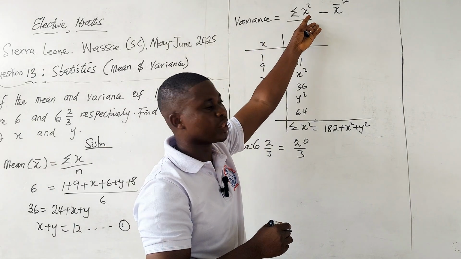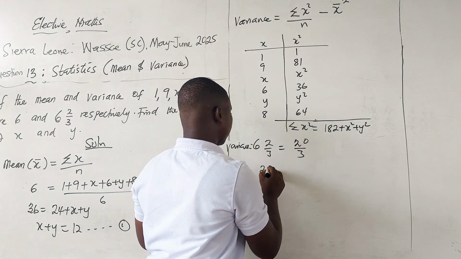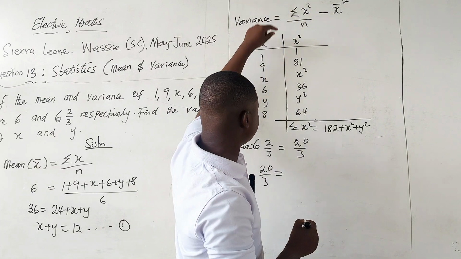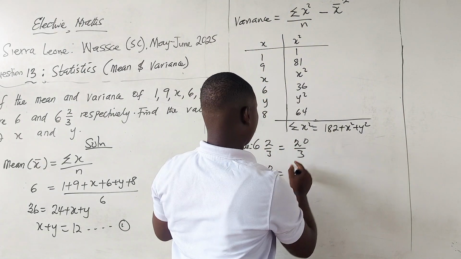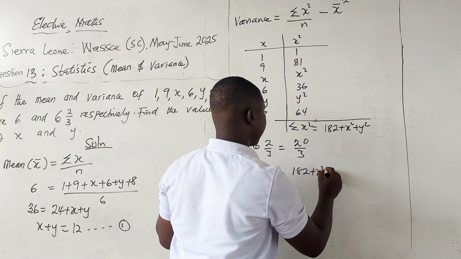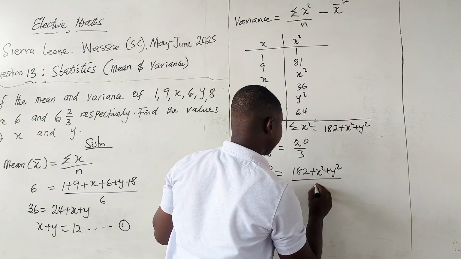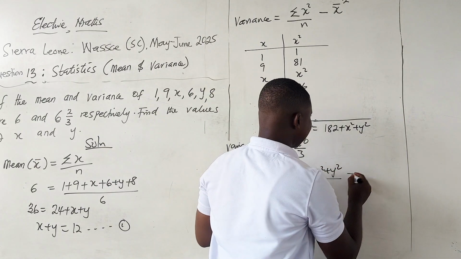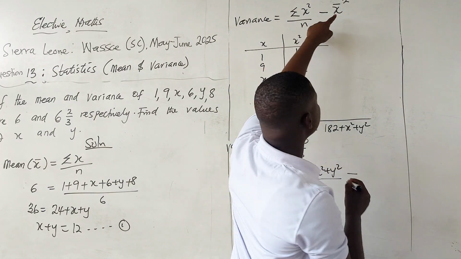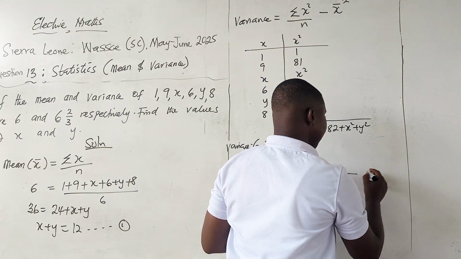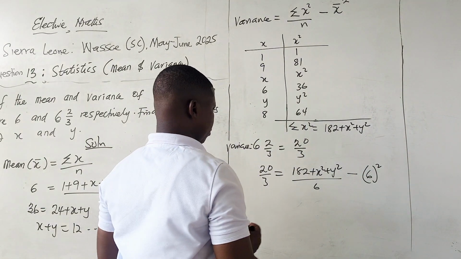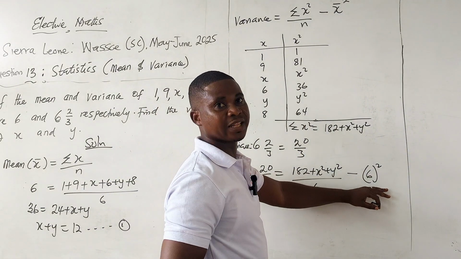Substituting into this, we have 20 out of 3 is equal to 182 plus x squared plus y squared all over 6 minus the mean squared. So what does that mean? Mean is 6 squared. I can just simplify this side.